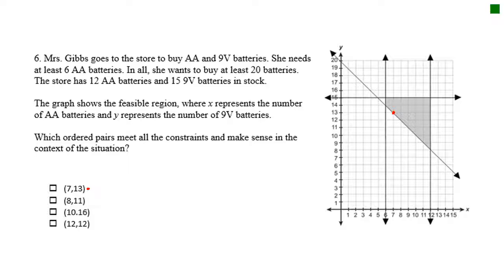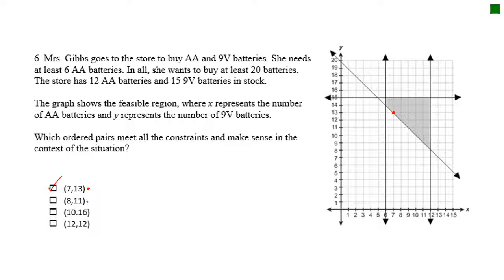And this one is a part of our solution set. It goes directly on the line, but it is a part of the solution set because notice that the line is a solid line. So that means that it is included. So 7, 13 works. So we would check off that one.